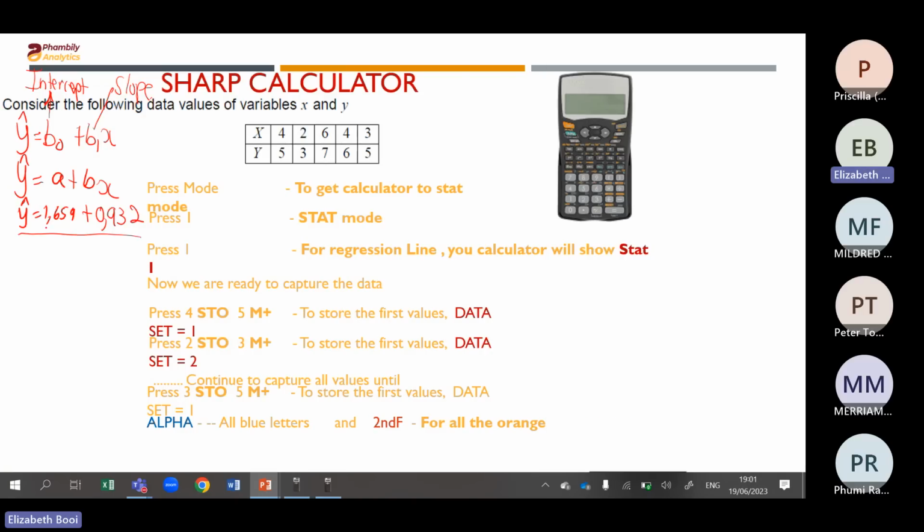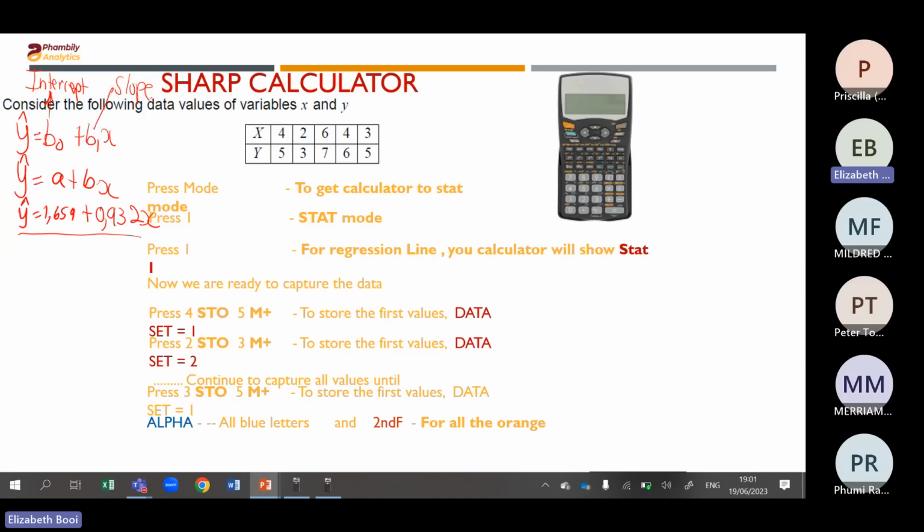And that is our regression line. And don't forget to put X at the end. If it's not X, let's say it's age, then you put age in the place of X. If it's price, then you put price, or quantity, you put quantity in the place of X. Okay, so that is how you will do your regression.